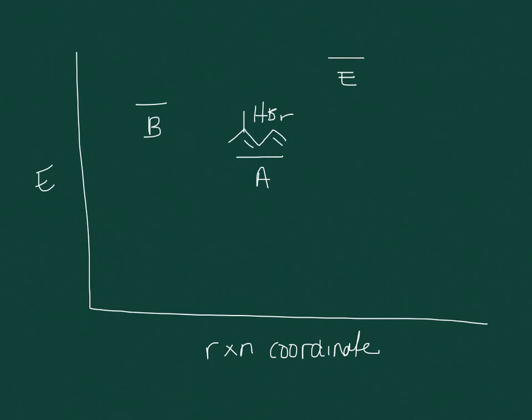We also know that product C is the lowest in energy. Okay, and then we have product D. Now G has the same relative energy as D because they are both disubstituted alkenes, and F is the least stable because it is a monosubstituted alkene. Okay, so let's connect everything up.